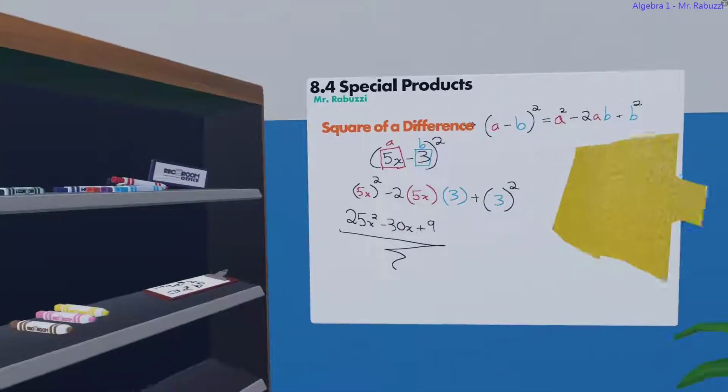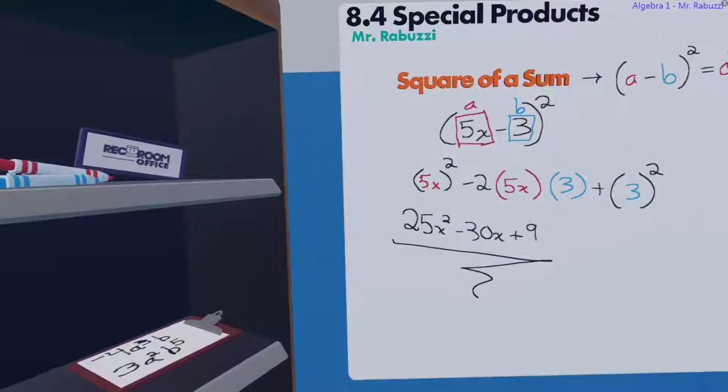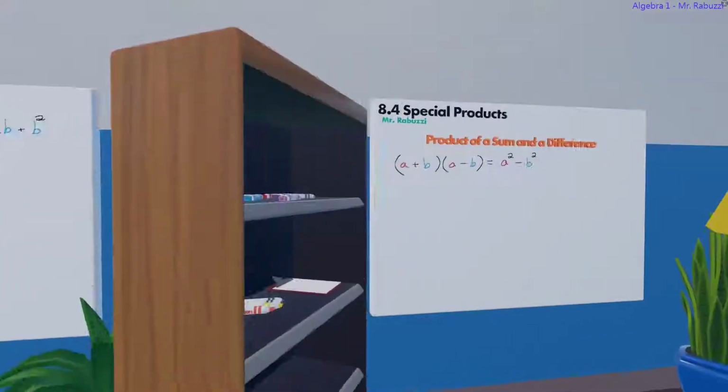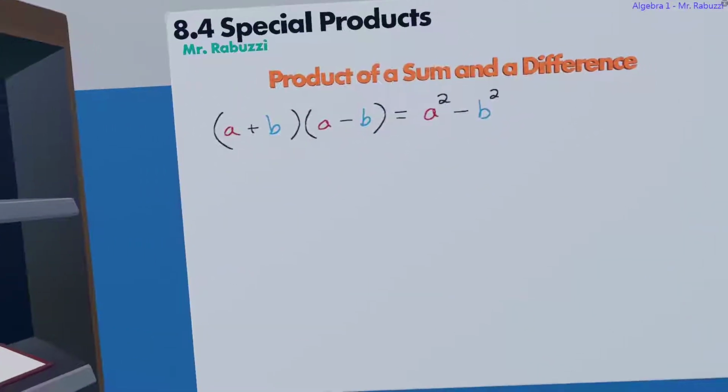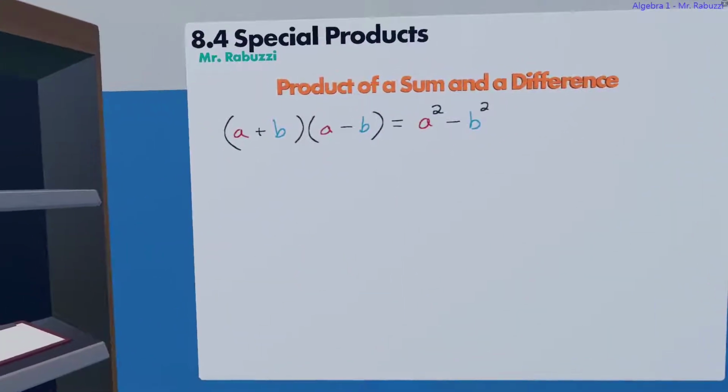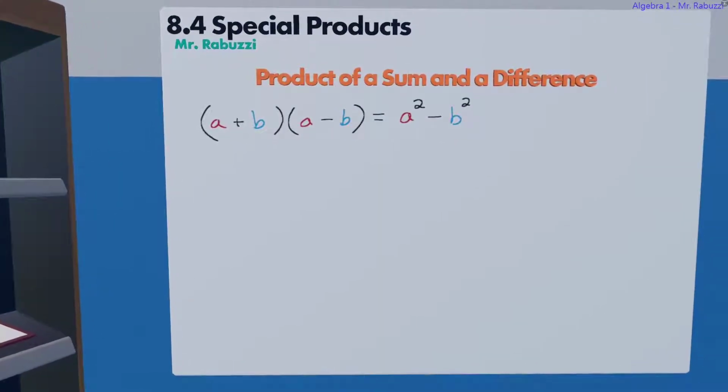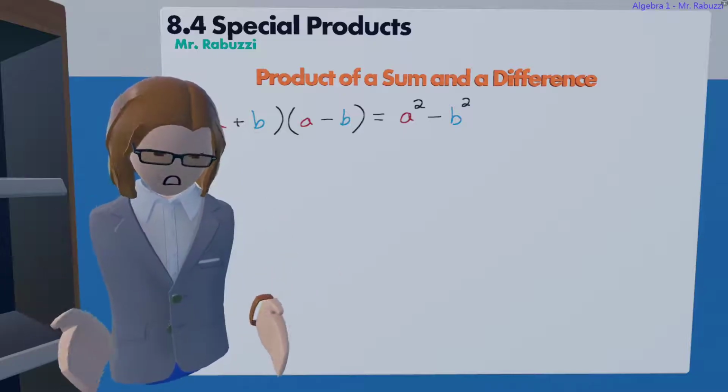So that was square of a sum and square of a difference. All right. Here we are at the last special product for today. Only 3. So we did square of a sum, right? If you have a plus b squared, then we did square of a difference, a minus b squared. Now what if we mix the two things?